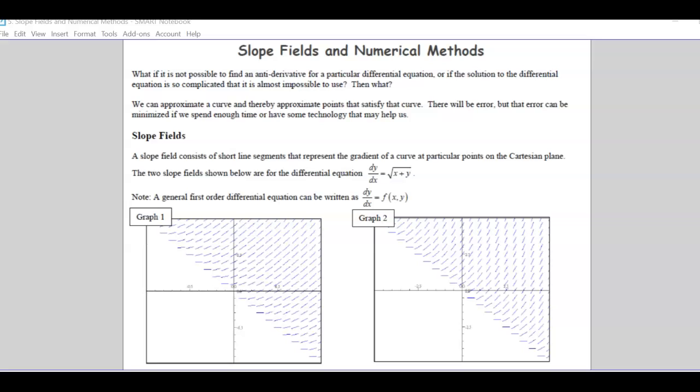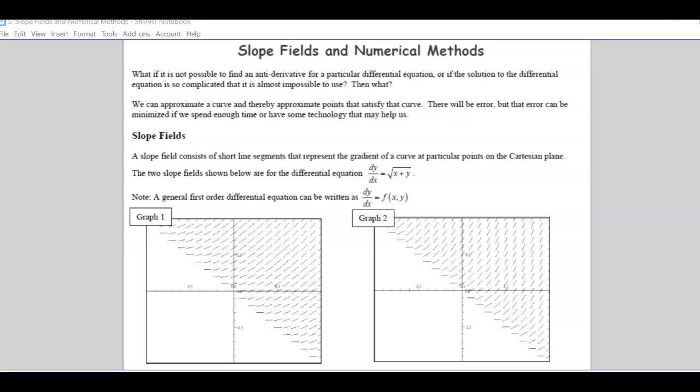So if you look at this example here, dy/dx, this is in terms of x and y, but we can't represent it as a function of y over x. It's not linear, so we can't find an integrating factor, and we can't separate the variables. But this represents the slope at any particular x and y value.